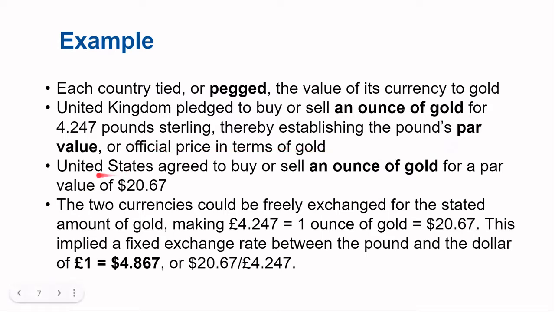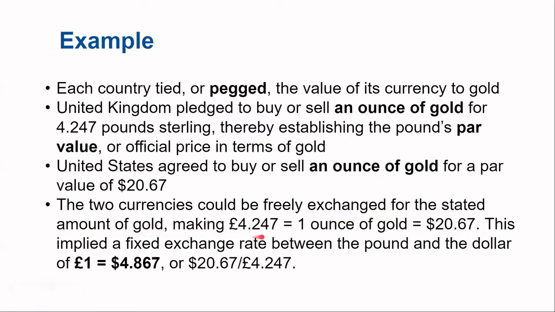For an ounce of gold, the US used 20.67. So the two currencies could be freely exchanged for the stated amount of gold.